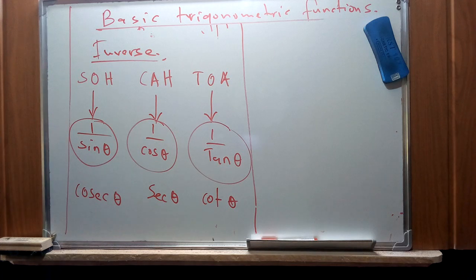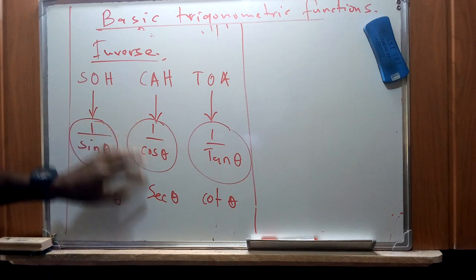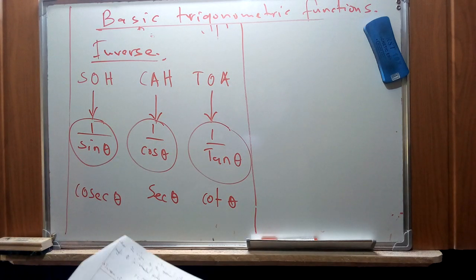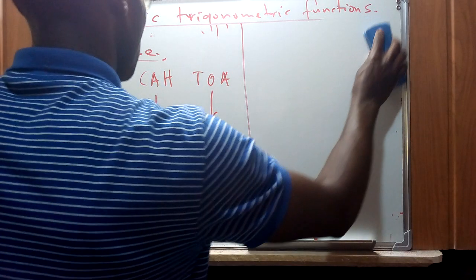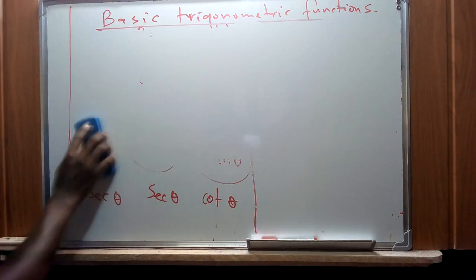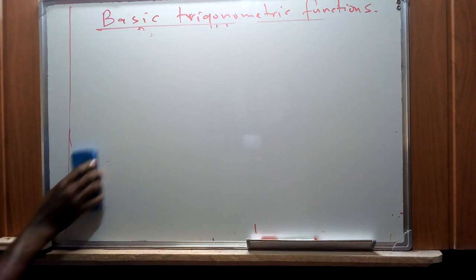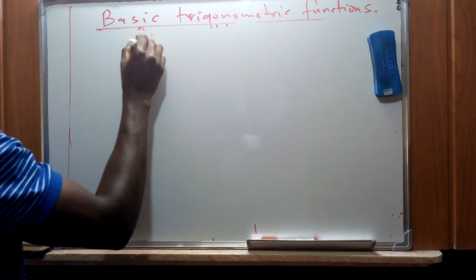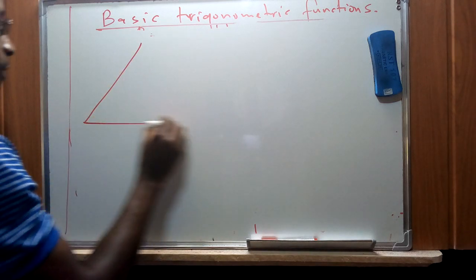Now that we have introduced the concept of Pythagoras theorem and how we can express different ratios for the relationship between the angles and the sides of a right triangle, suppose I have a right triangle. We can have a sample question to illustrate this relationship. I have a figure here.